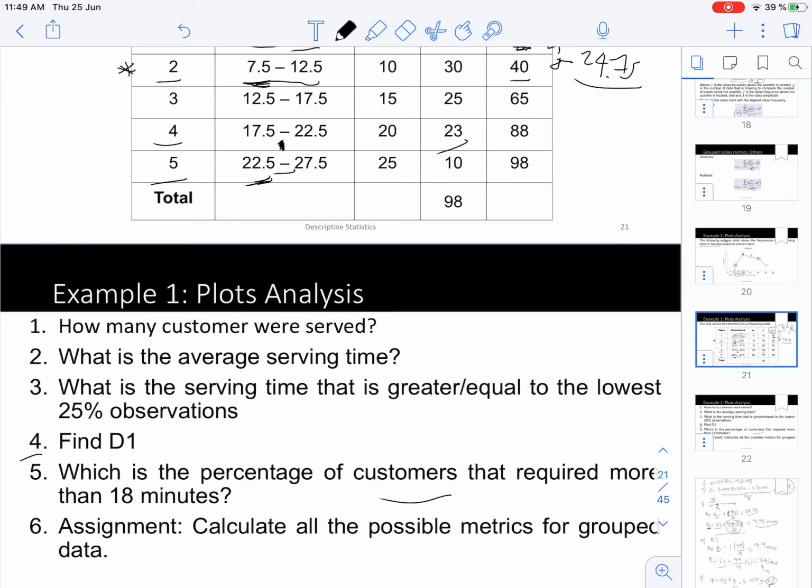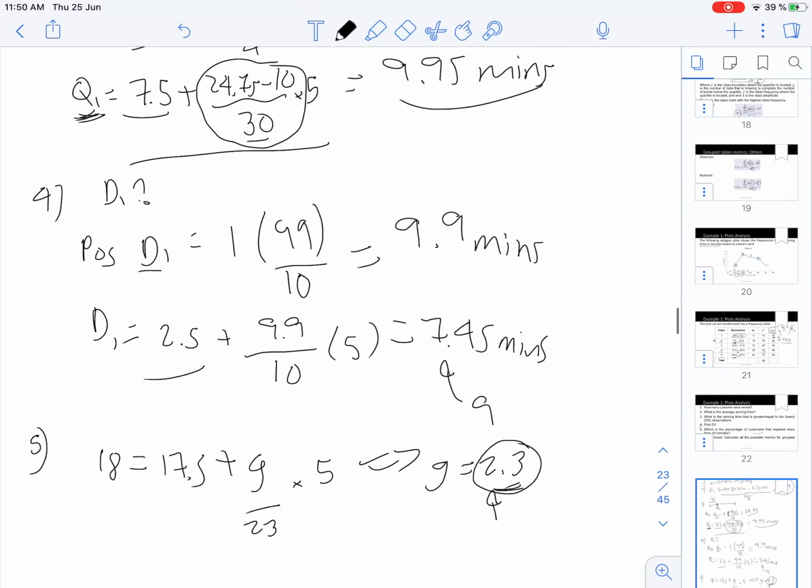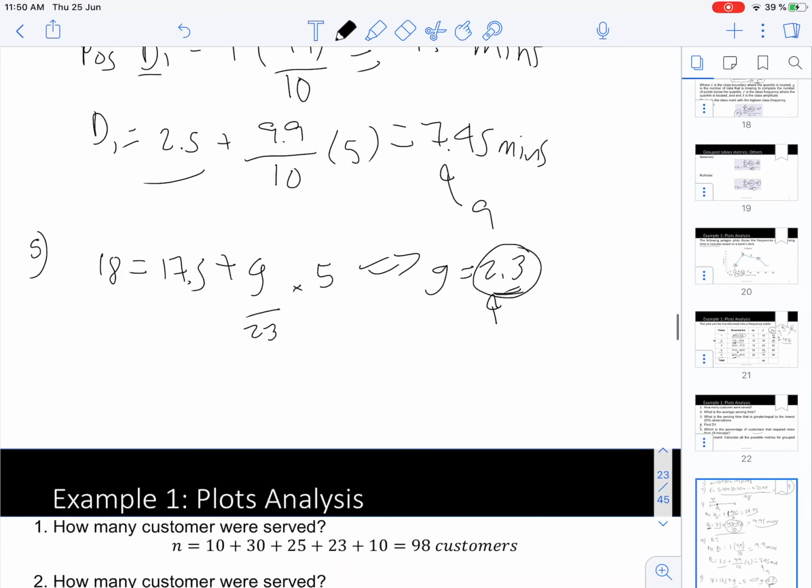So now that we want to get the total, how many observations are above the 18 minutes, let's write it down: number of observations above 18 minutes.